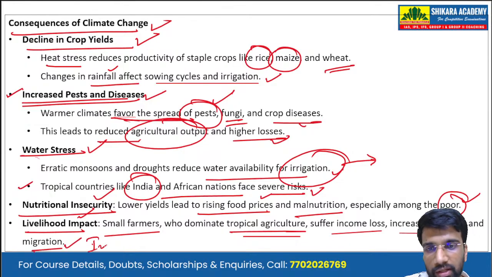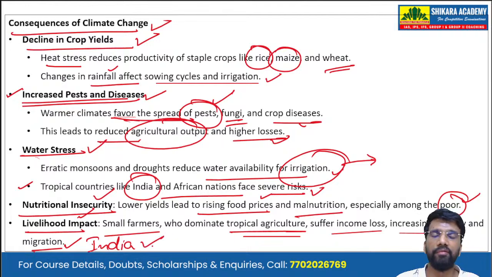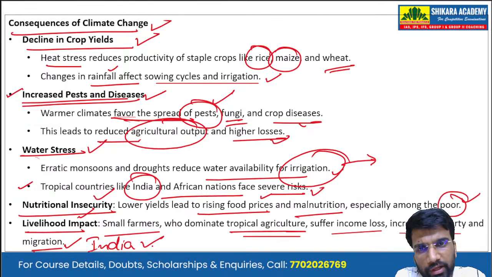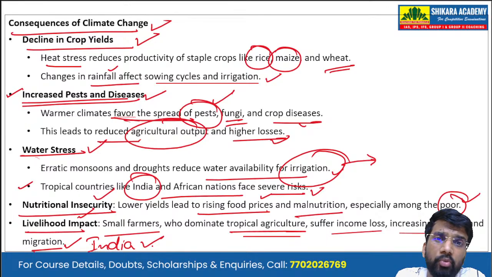In India, around 85% of farmers are small and marginal farmers. They dominate tropical agriculture, but because of climate change they suffer income loss, they are pushed towards poverty, and ultimately they have to migrate to urban areas in search of work and employment.